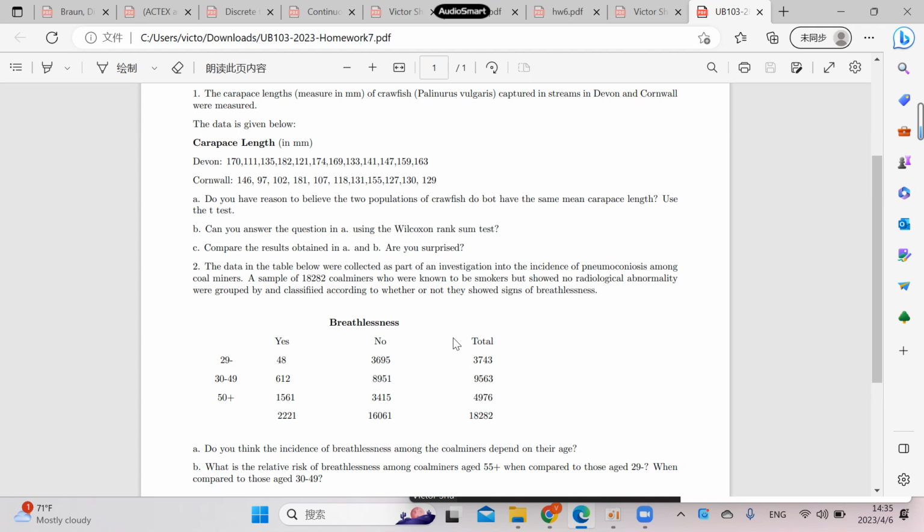You just calculated the expected total rank of Devon and the variance of the total rank of Devon, so you take the square root, you get the standard deviation, and you use the z-score of 1.96, assuming alpha equals 0.05 two-tailed, so it's 0.025 one-tailed.